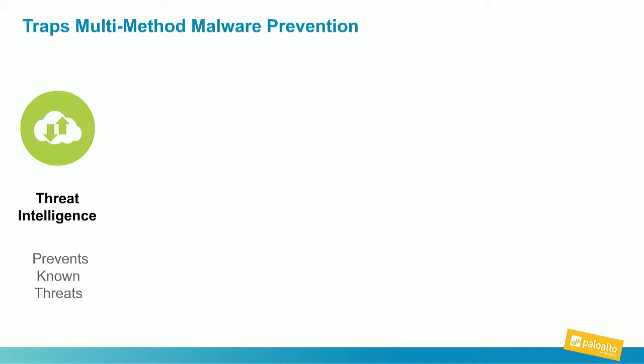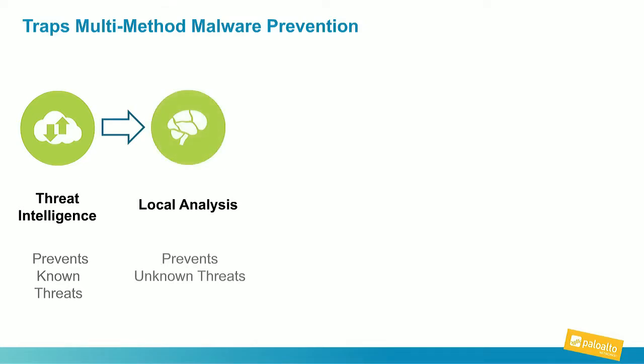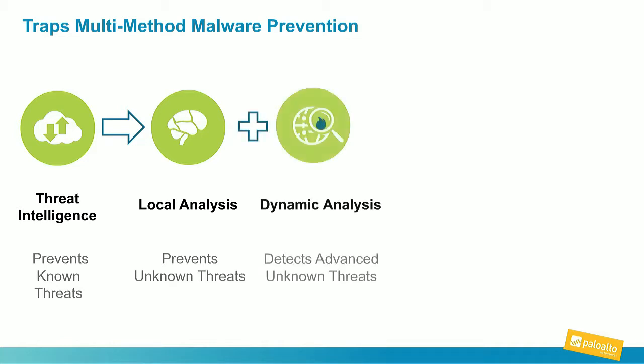So all that is digested and coordinated. And then as things hit the endpoint agent, and I use this on my own machine, so I'm very familiar with it, it does local analysis, which helps to prevent unknown threats.